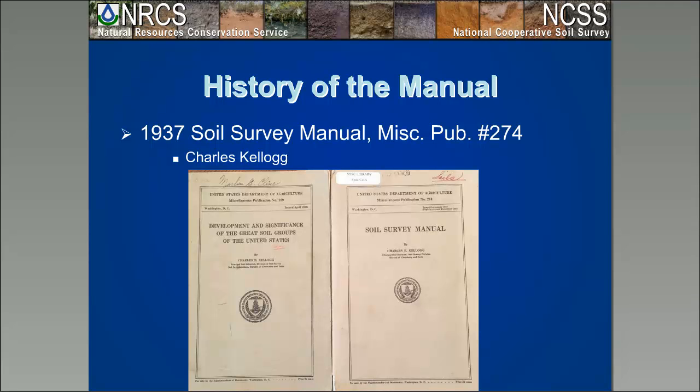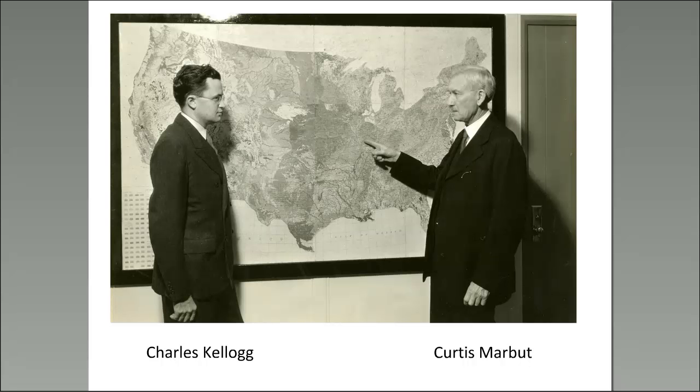It deals more with the factors that had given rise to the different soils, the 5 soil forming factors, but it also deals with the processes: calcium carbonate accumulation, leaching, eluviation of clay, organic matter accumulation. But then the manual, the one on the right that we're discussing, is really a how-to book.